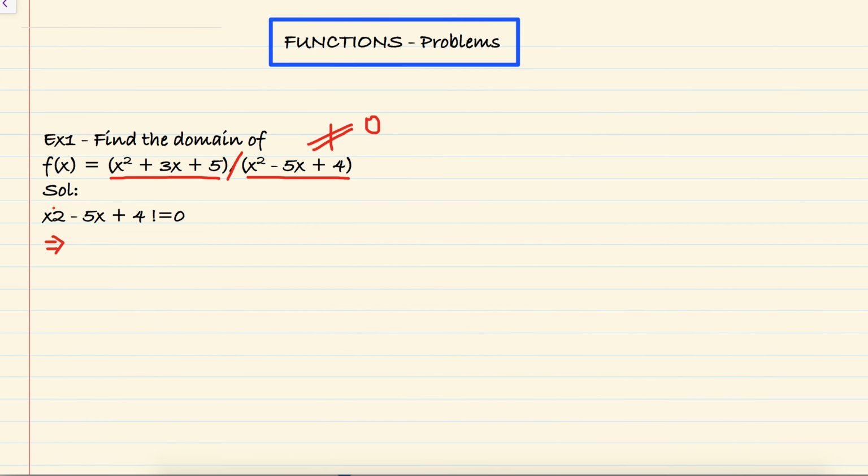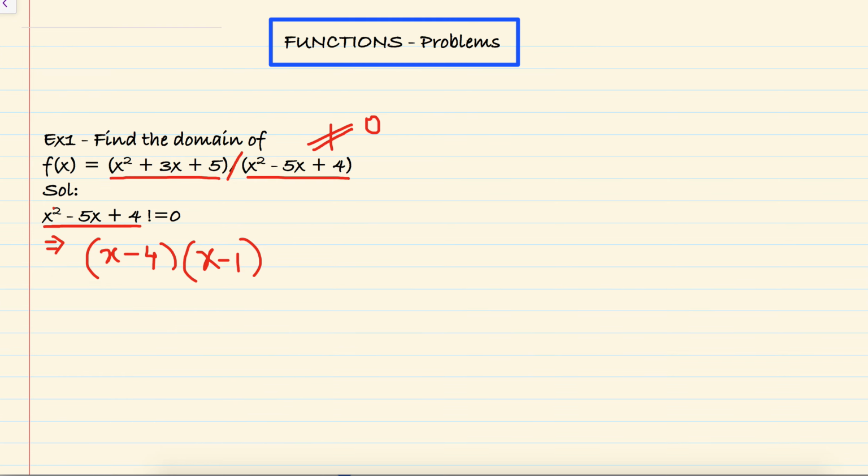So we will solve this equation. If we take x minus 4 times x minus 1, this would be equal to x square minus 5x plus 4.